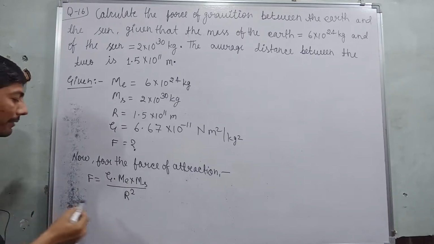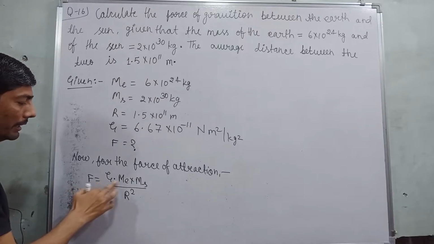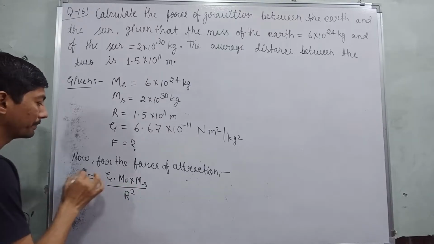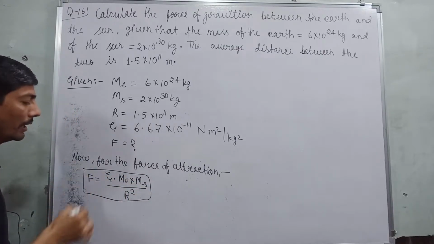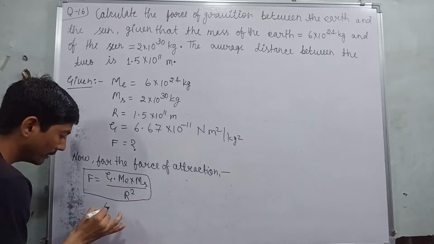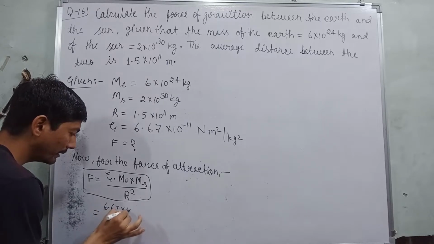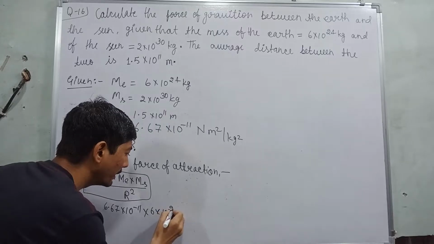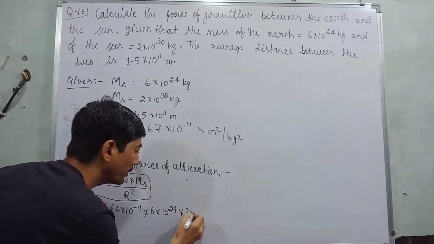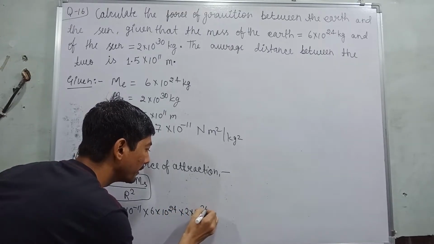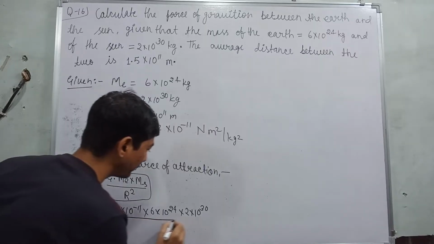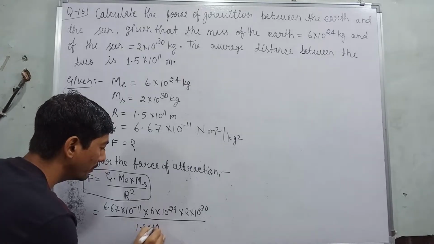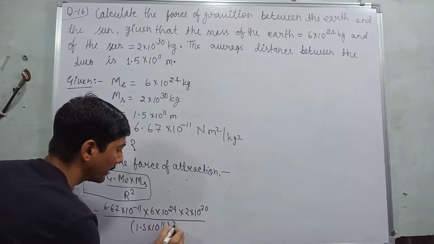This is the formula of F. F is equal to G M into m upon R square. When we substitute the values: 6.67 into 10 to the power minus 11 into 6 into 10 to the power 24 into 2 into 10 to the power 30 over 1.5 into 10 to the power 11 whole square.